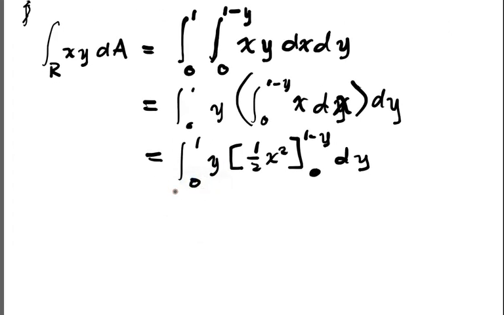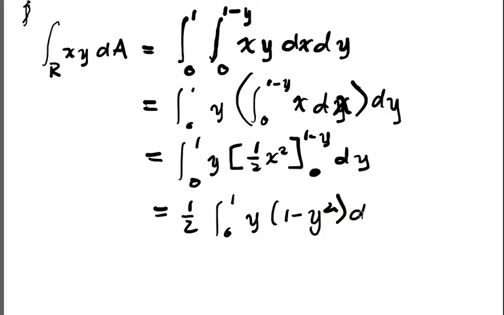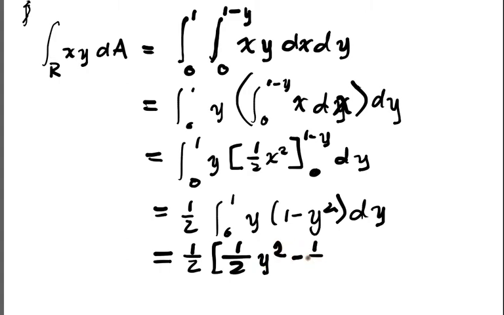At the 0 limit I get 0, at the upper limit I get 1 minus y inputted, so I have 1/2 the integral from 0 to 1 of y times (1 minus y) squared dy.